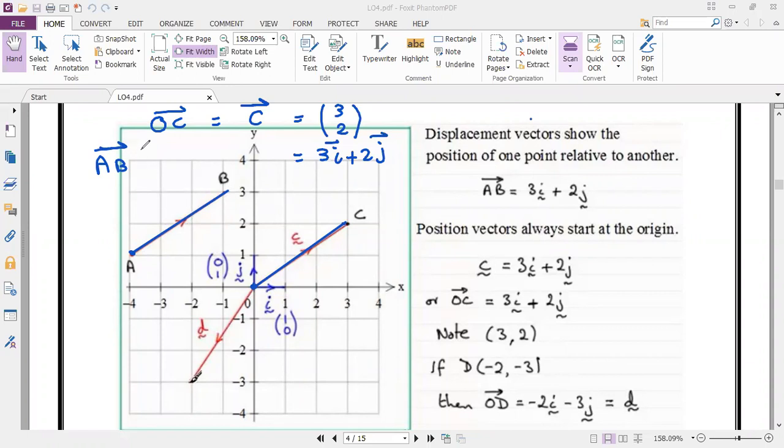So the vector AB is the same as 3 and 2, or we can write it 3i plus 2j. So we can say that the vector C and the vector AB are the same. Do you know why? Because they have the same direction and the same magnitude, okay?